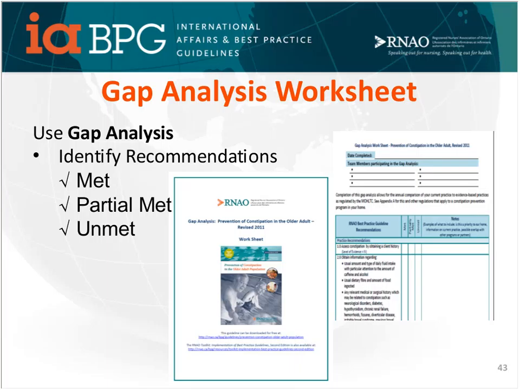You could use this in your quality improvement initiatives when you identify recommendations that are unmet, and prioritize as to whether it's going to be fulfilled in a year or it's a multi-year project as part of your quality improvement initiative.